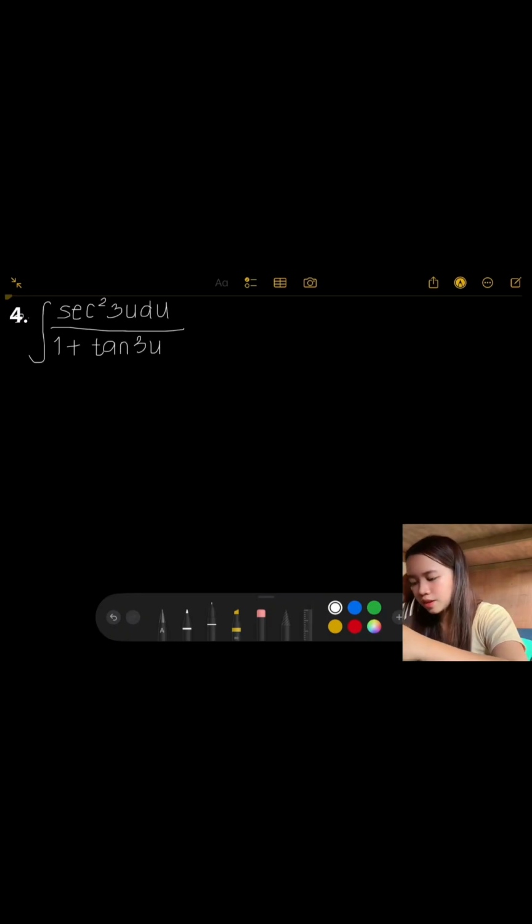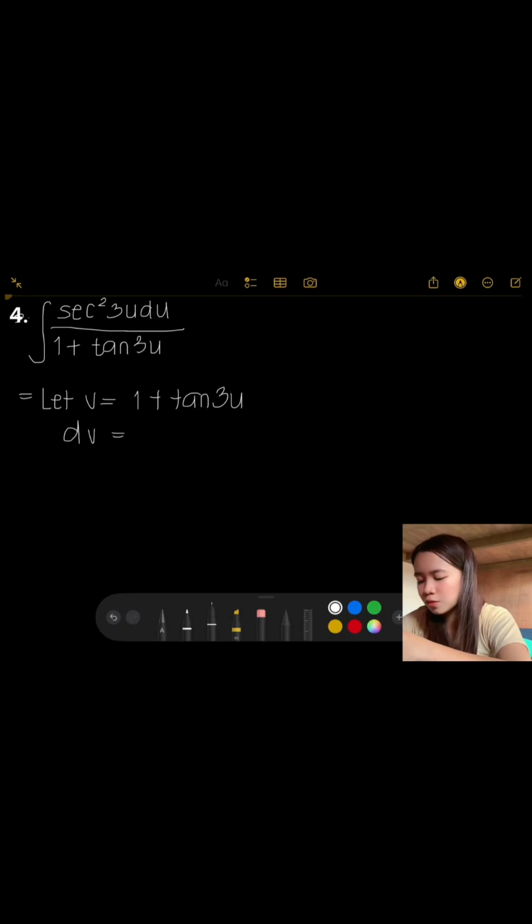Our next example is the integral of secant squared 3u du over 1 plus tan 3u. Let v equal 1 plus tan 3u. Our dv will be 3 secant squared 3u. So our derivative is quite similar to our numerator, so it's logarithmic integration.